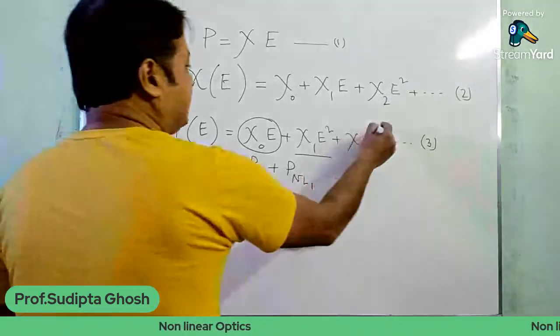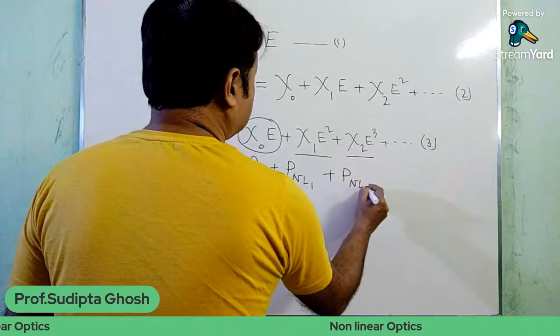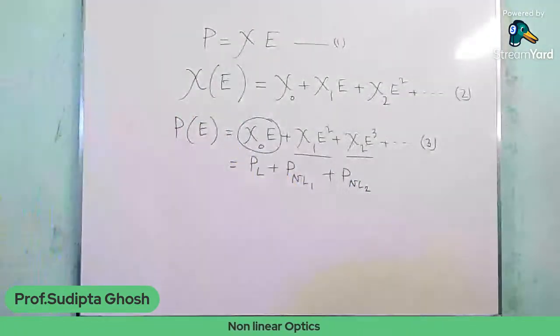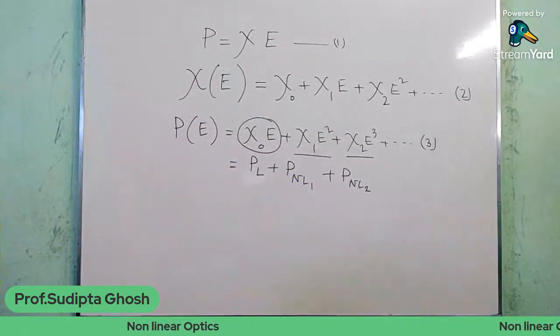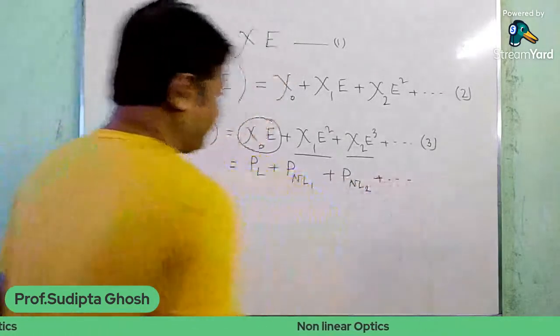Then the next term, chi 2 E cube, can be written as PNL2, and so on. Okay.